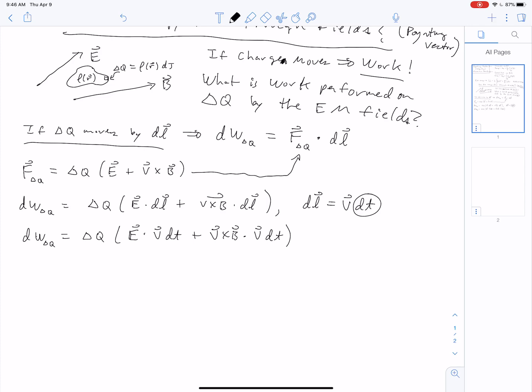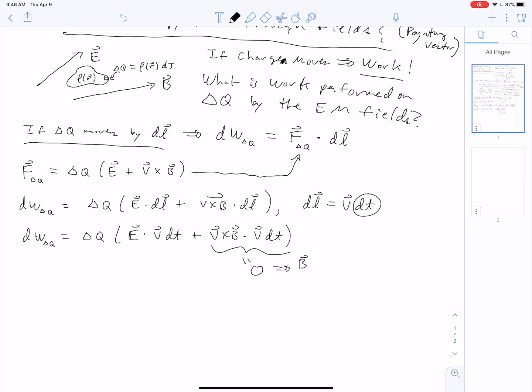But now when we look at this expression, we notice that this term is, you guessed it, 0. And the reason it's 0 is because, just looking at it, it's obviously 0 because V cross B is a vector perpendicular to V, and so that vector dotted into V is 0. But it also makes sense because B fields push perpendicular to motion.